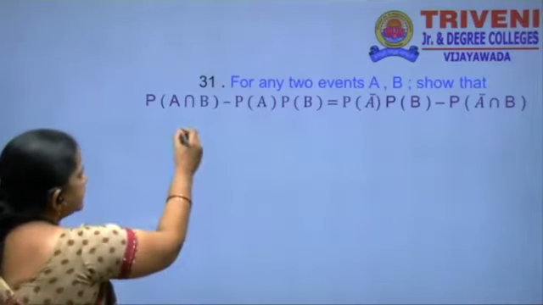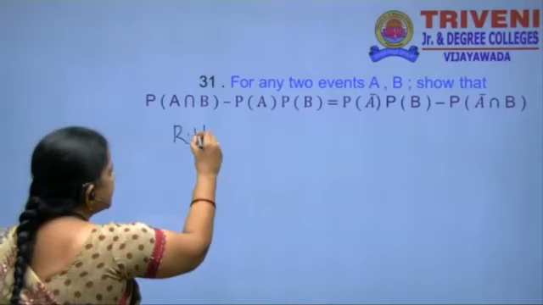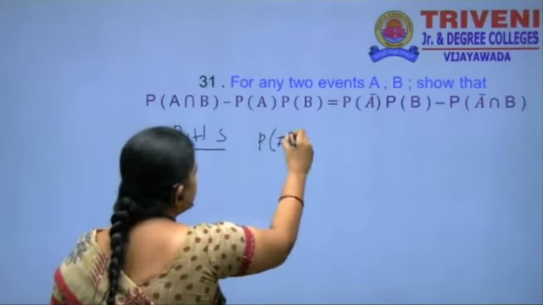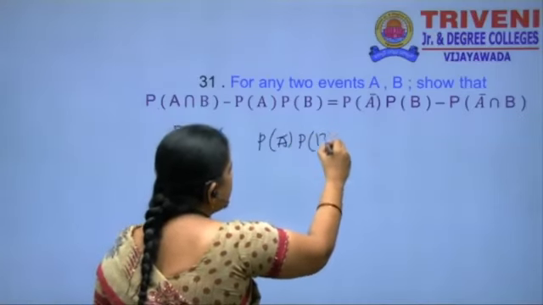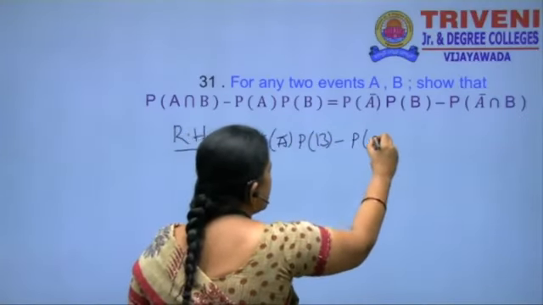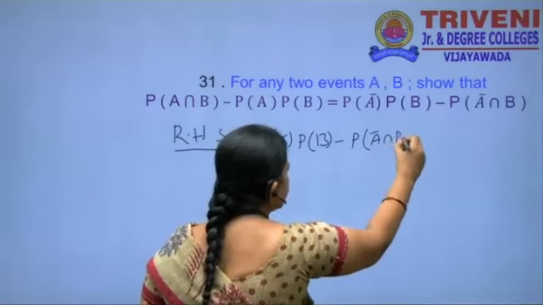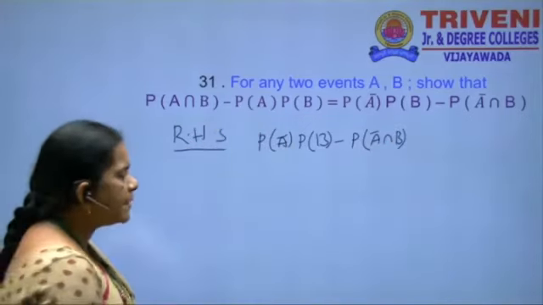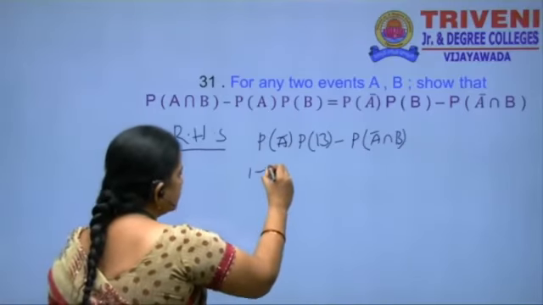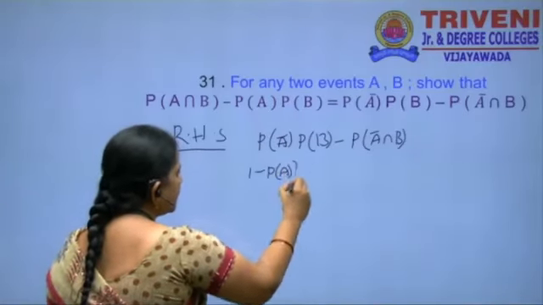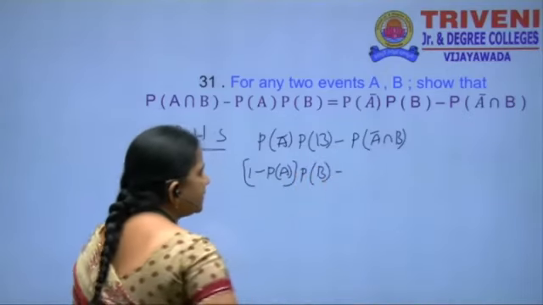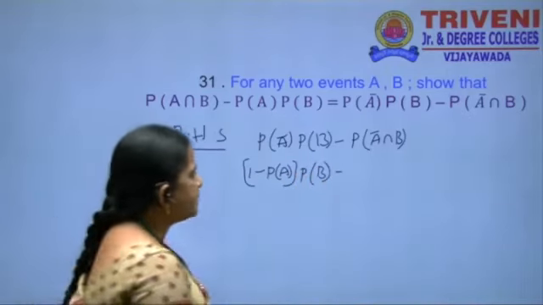What is the RHS here? RHS is P(A bar) × P(B) − P(A bar ∩ B bar). P(A bar) is nothing but 1 − P(A). So (1 − P(A)) × P(B) − P(A bar ∩ B bar).